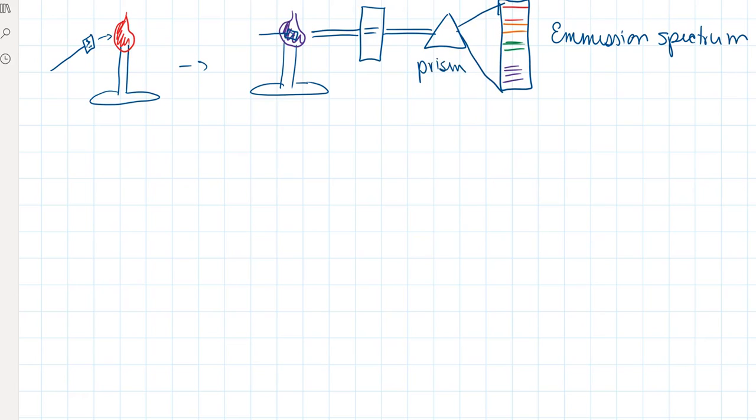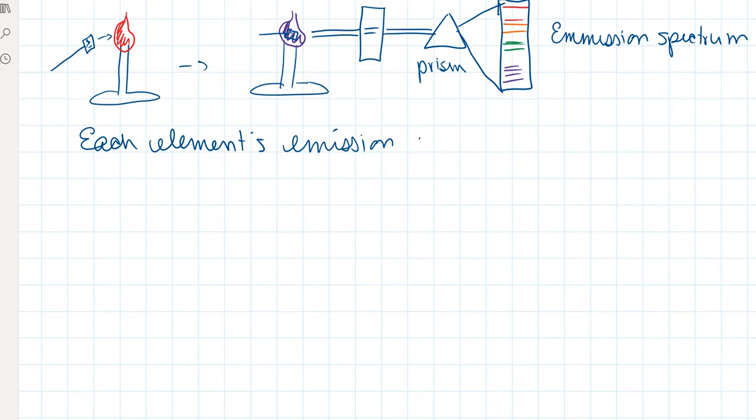And since each element had this same type of spectroscopy, there was a Swedish chemist who studied a whole bunch of atomic spectra in each different element. And he came up with an empirical observation.